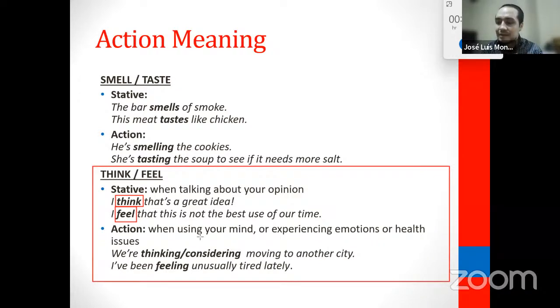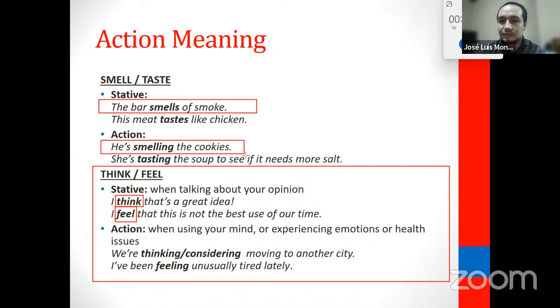So with that idea, please, Daniel, Wilson, and Larissa, you're going to let me know first if you have any questions about that one. If not, we are going to do the following, please. We are going to write 3 examples. You're going to try to use first smell as a stative verb and as an action verb.